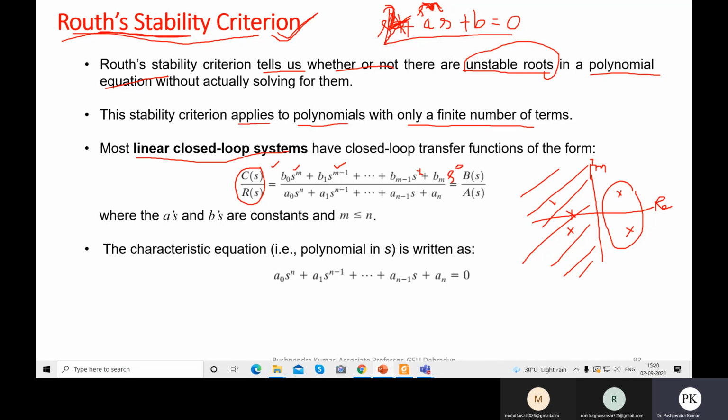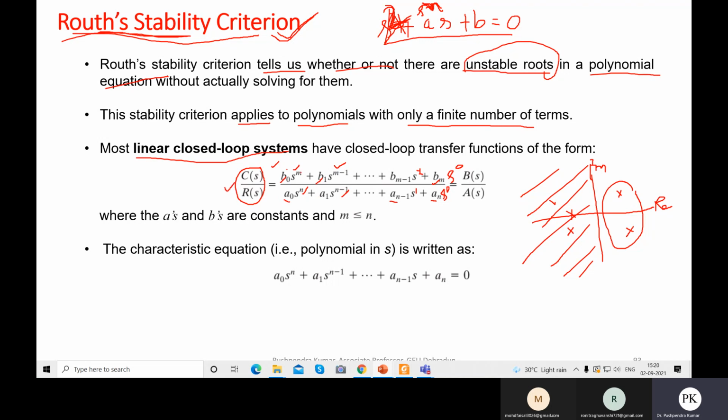This is a standard equation and there are coefficients of the variable s like b0, b1, b2 and so on up to bm. In the denominator also we start with s to the power n, n minus 1, down to s to the power 1 and finally s to the power 0, with coefficients a0, a1 up to an. So this is a general form.